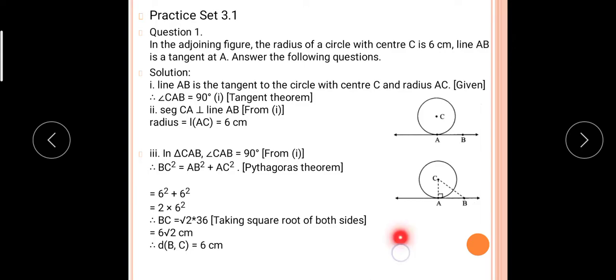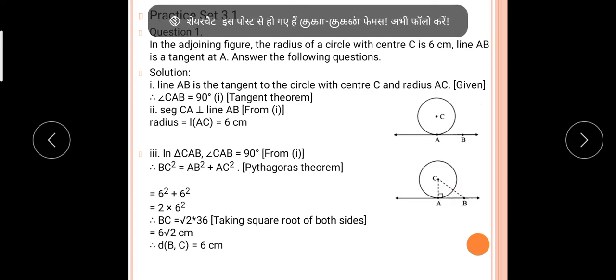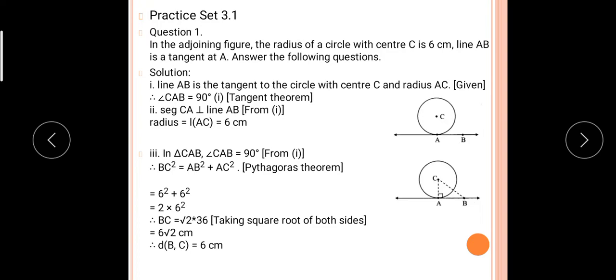So what we have to find out here? BC square. So AB square plus AC square is BC square. So 6 square plus 6 square is 36 plus 36. So what will you get for BC? BC is equal to root of 72, and therefore 6 root 2 is the distance of BC.